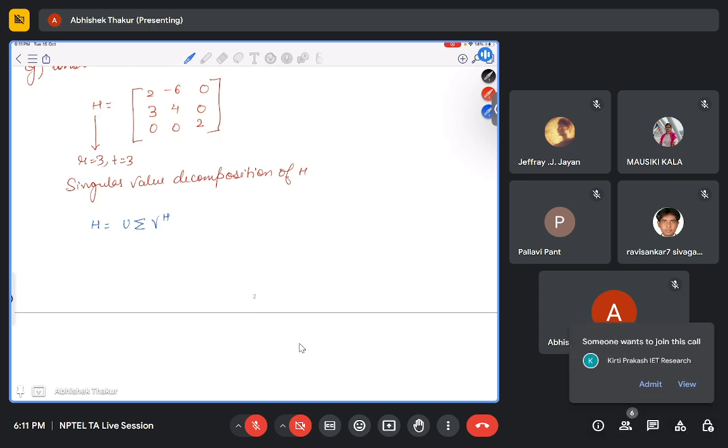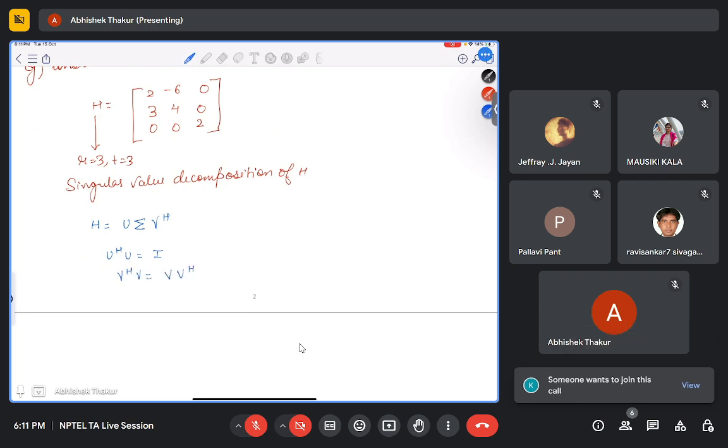And the properties of U and V are like U Hermitian into U is the identity matrix, and V Hermitian V, that is equal to V into V Hermitian, is also the identity matrix.